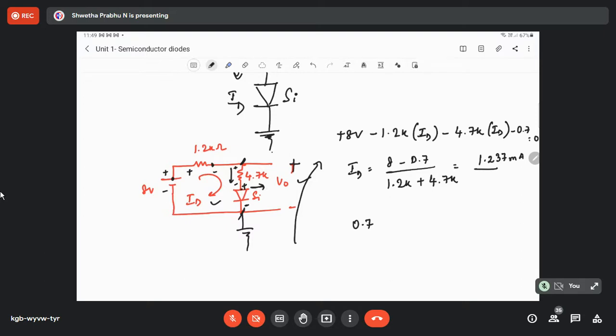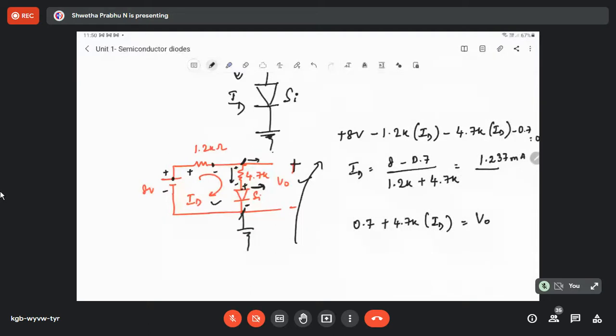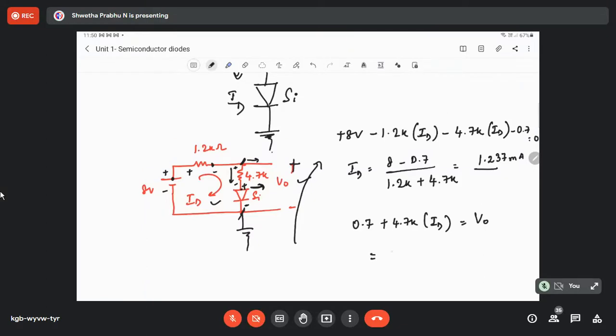Here, one more arrow mark I have written. Can you tell me the drop over here? It is plus 4.7k multiplied by current, and that will be equal to the V0 value. Did you understand? How much will you get? 6.51 volts.